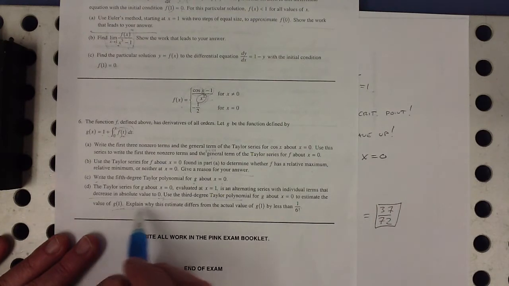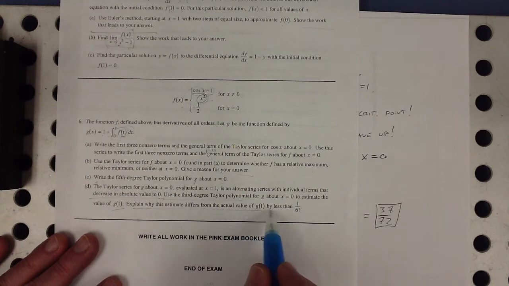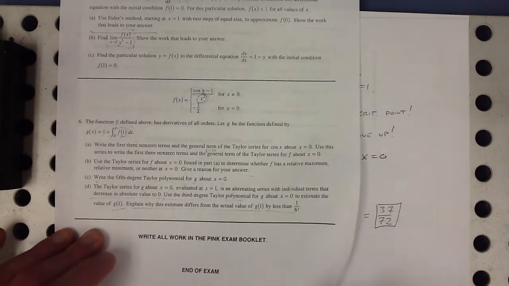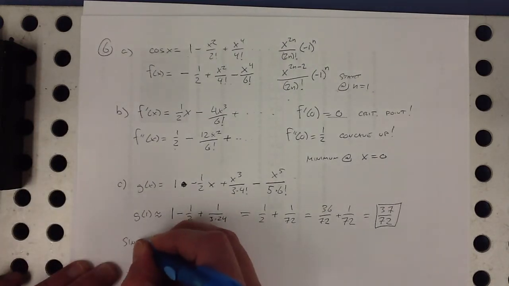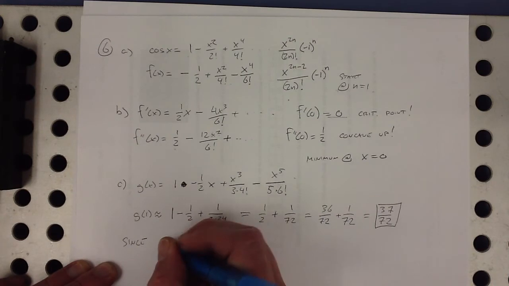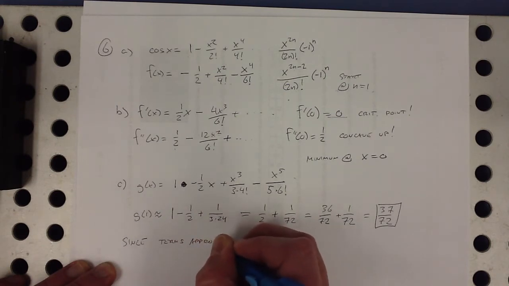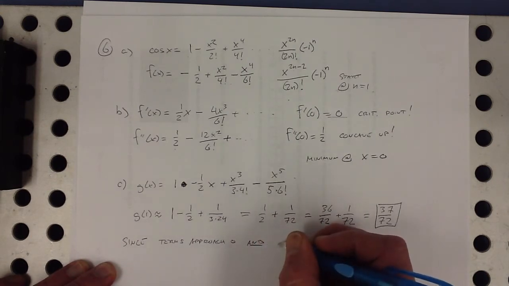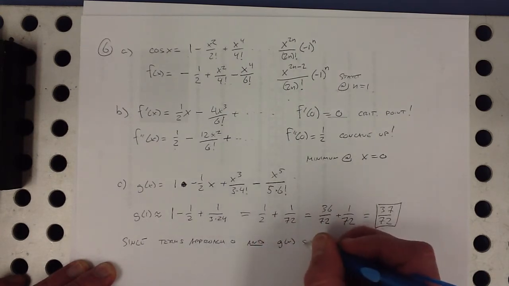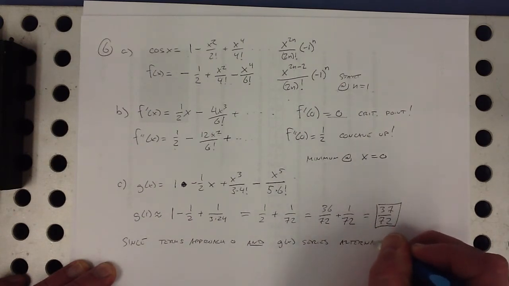And explain why this estimate differs from the actual value by less than 1 over 6 factorial. Well, since the terms approach 0 and the g of x series alternates, you have to say both of those things.